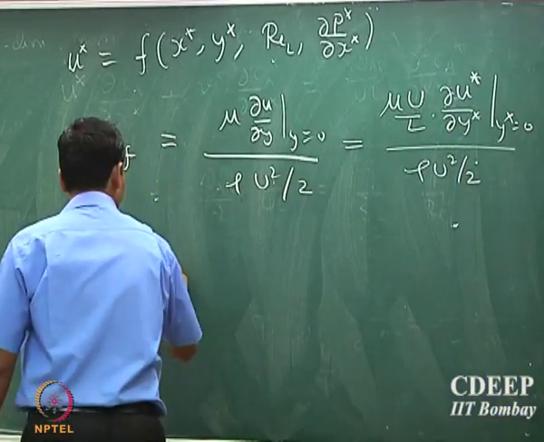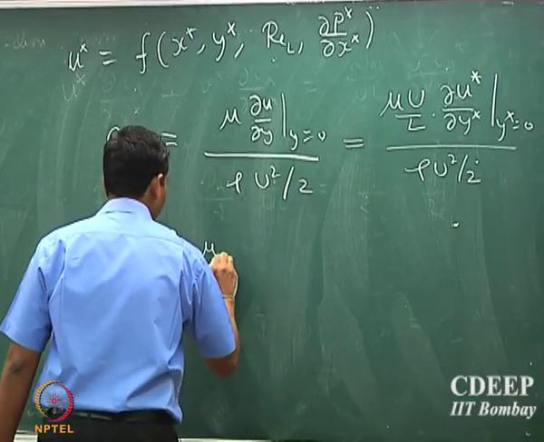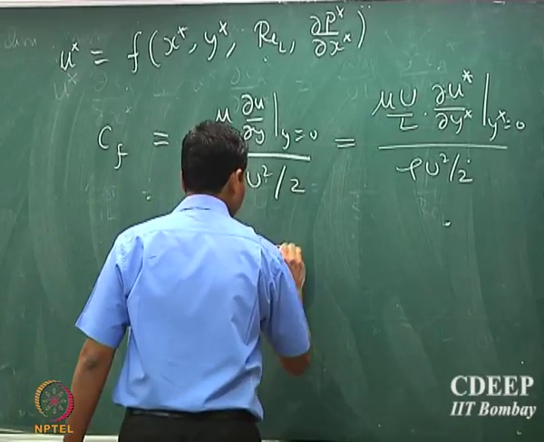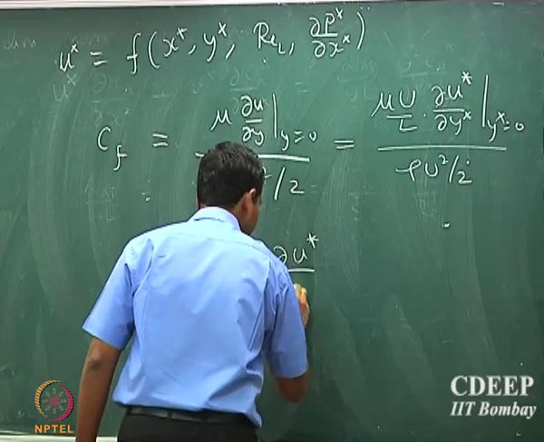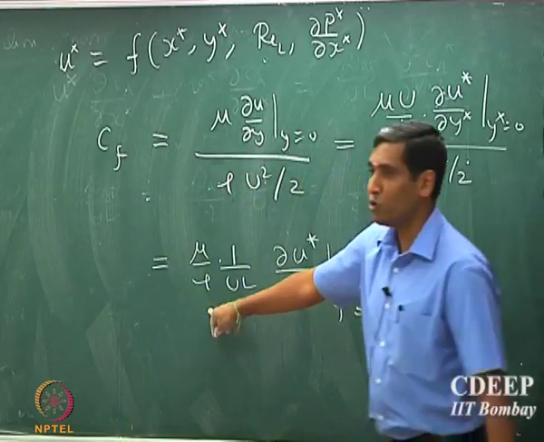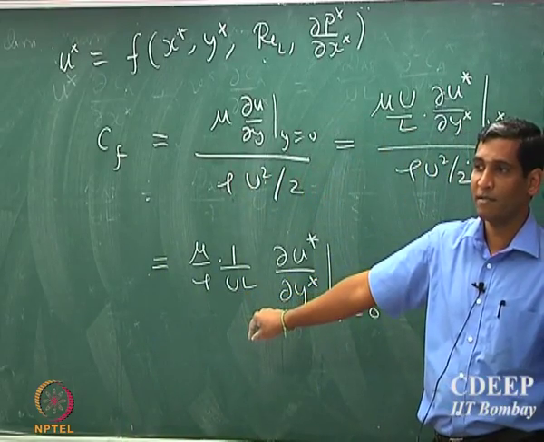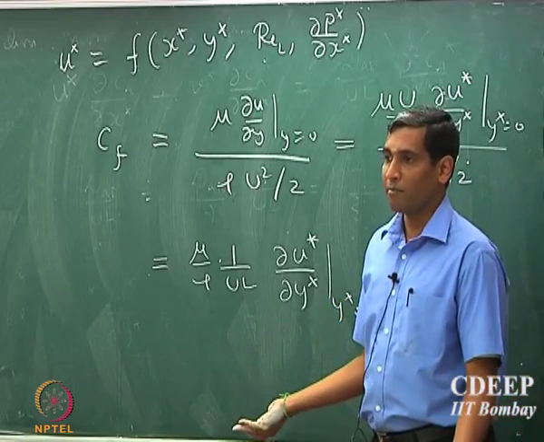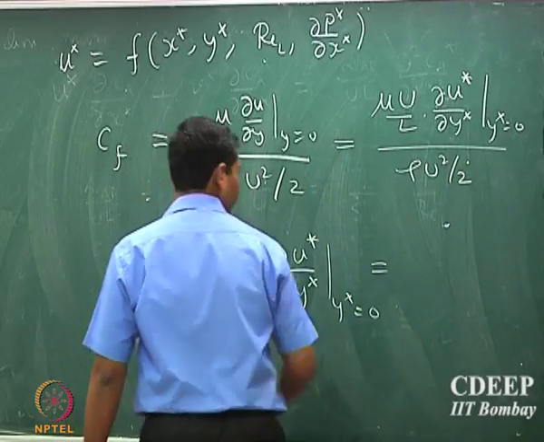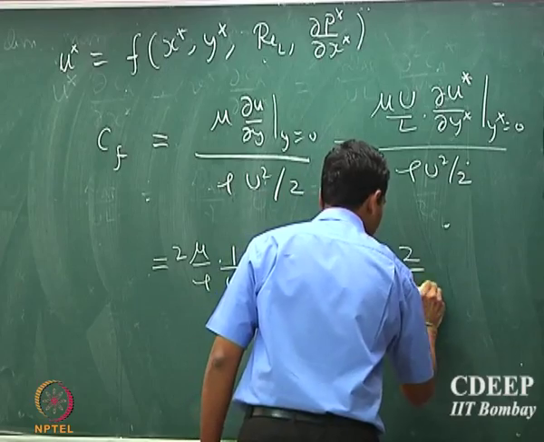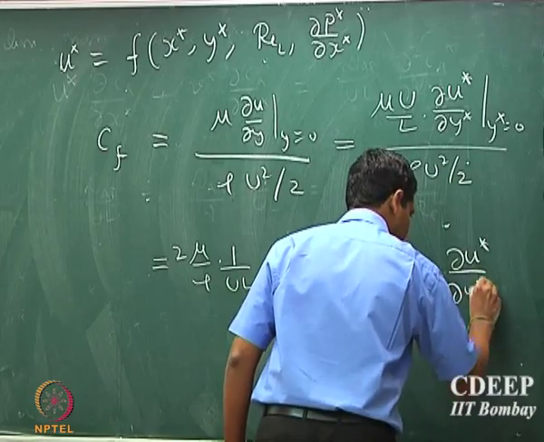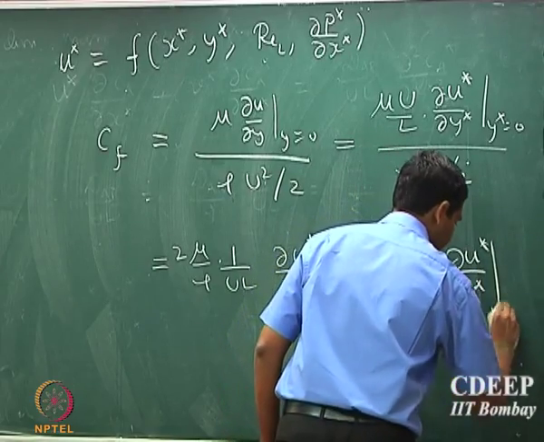Now you can rewrite this as mu by rho into 1 by UL into du star by dy star at y star equal to 0. What is mu by rho into 1 by UL? It is 1 by Reynolds number, right? So this is nothing but, oops, I forgot a 2, so that will be 2 by Reynolds number into dou u star by dou y star at y star equal to 0.